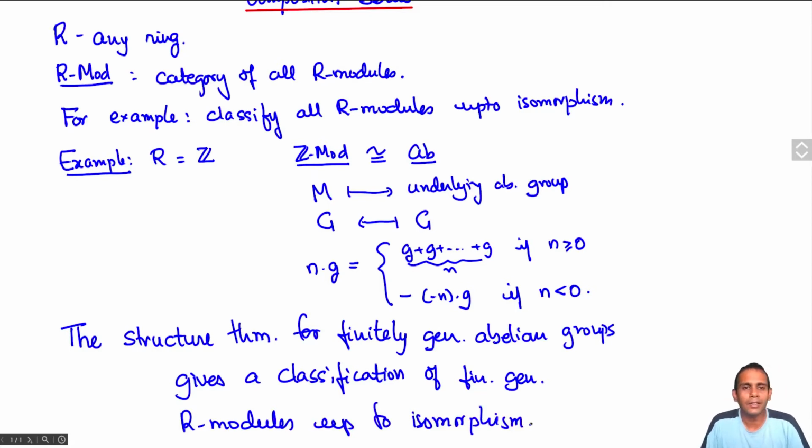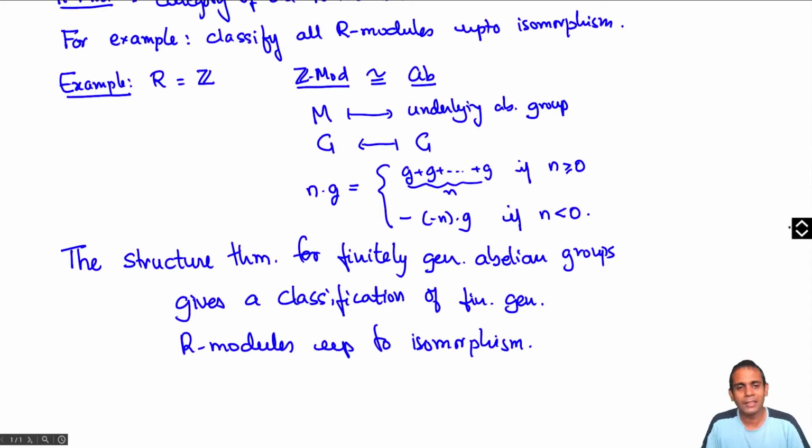However, it turns out that if you remove this condition of finitely generated, then the classification is not known in general. We do not know how to classify all Z modules, or all abelian groups, up to isomorphism.